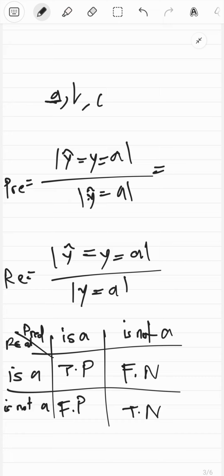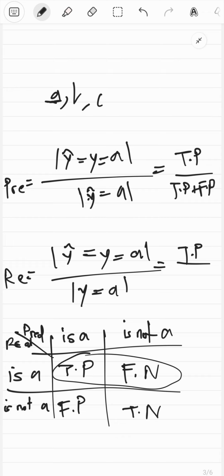The precision can be written as true positive upon y hat equal to A, as in you predicted A, so it's all the positives combined, which is true positive plus false positive. Now the recall is true positive upon all the cases where the real case is A, regardless of the prediction, so that's true positive plus false negative. And that's your precision and recall.